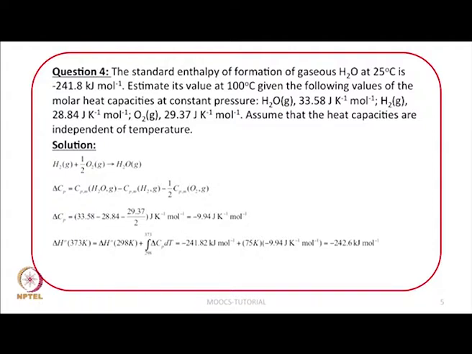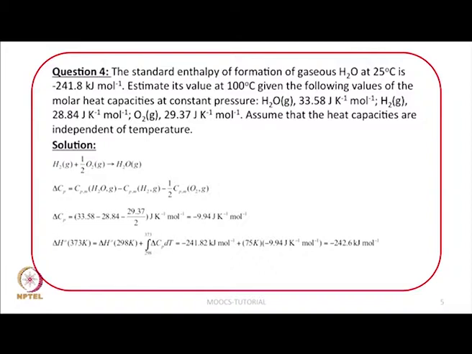Using Kirchhoff's law, the standard enthalpy of reaction at 373 Kelvin is equal to the standard enthalpy of reaction at 298 Kelvin plus the integration from 298 to 373 of delta Cp dT.